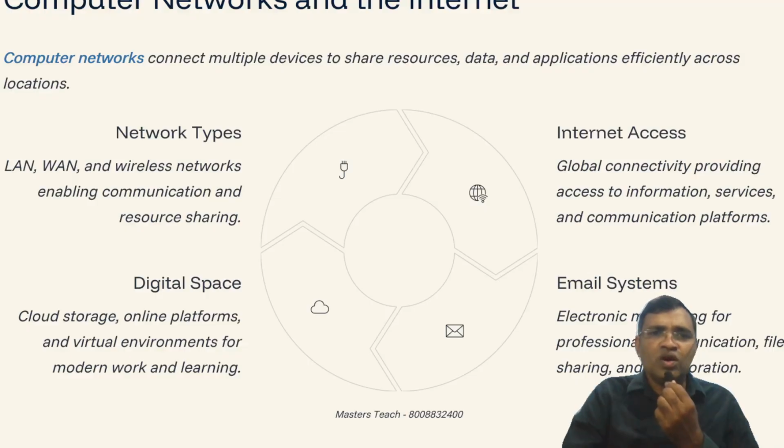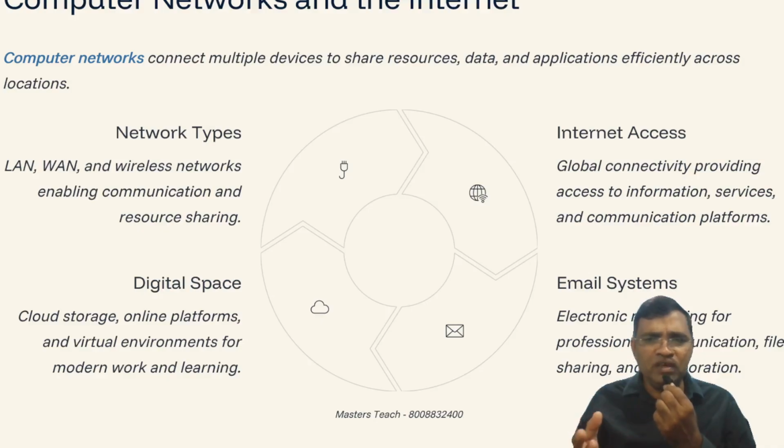Okay, so now different computer networks and internet. A network connects multiple devices to share data and applications efficiently across locations. The network types are LAN, local area network, WAN, wide area network, and wireless networks, which enable communication and resource sharing.